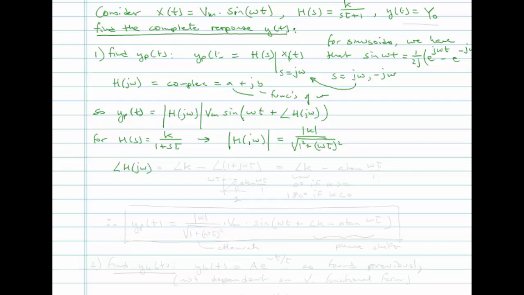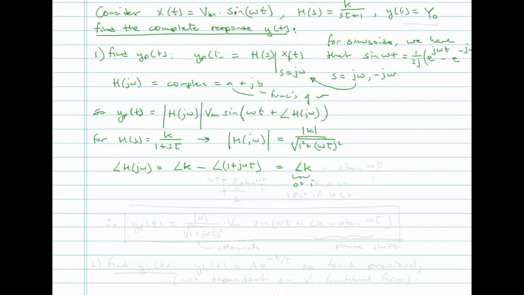Secondly, we need the angle of H of j omega. The angle of H of j omega will be equal to the angle of k in the numerator minus the angle of the term 1 plus j omega tau. We can't express the angle of k anymore, because if k is positive, the angle will be 0. Maybe I can just write this.